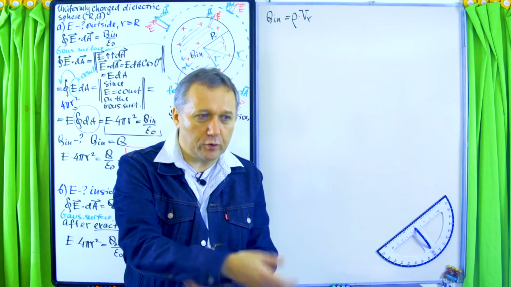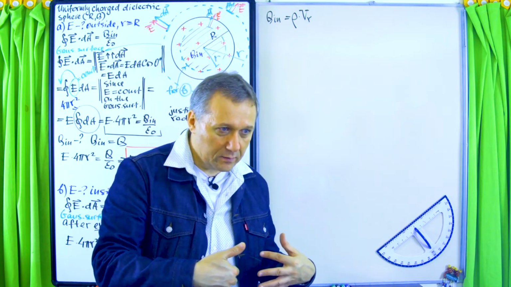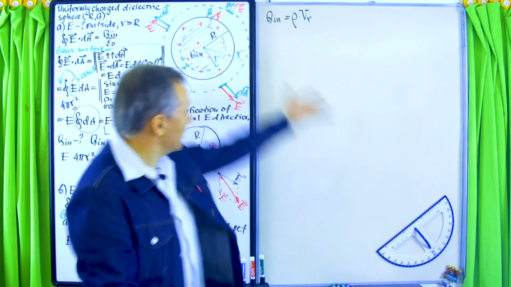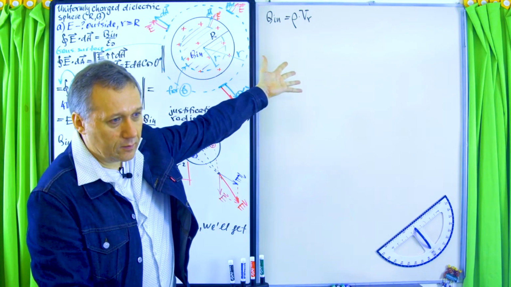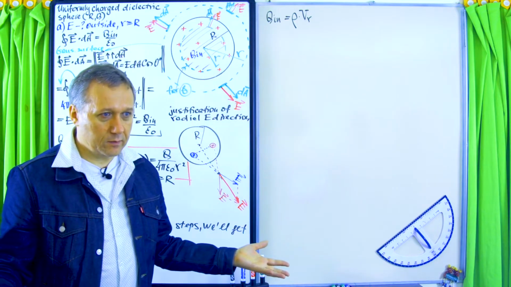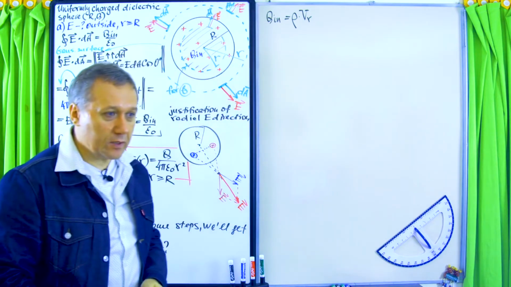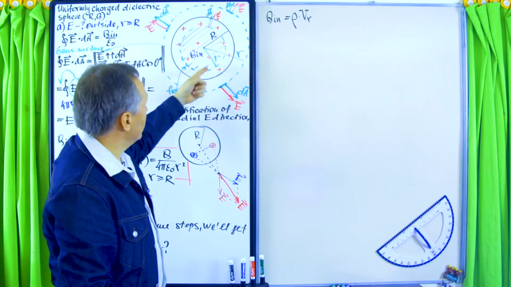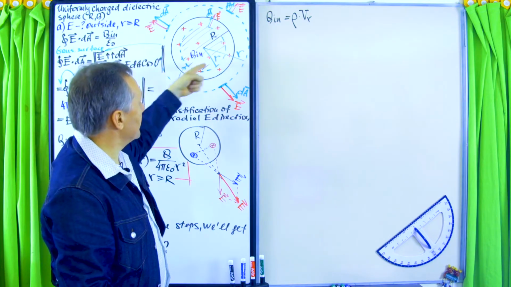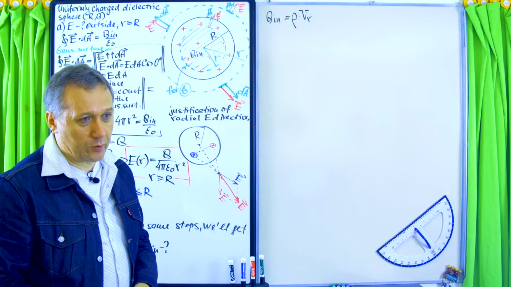What do I have to do? I take my density and multiply by the volume of my hand. It's the same story here, but we just replace mass with charge. So volume charge density times the volume of the Gaussian surface, because inside of that volume is our Q enclosed.